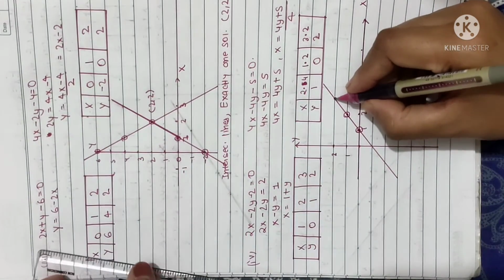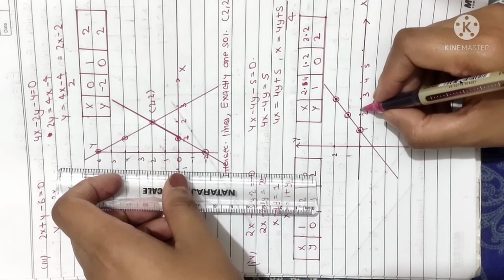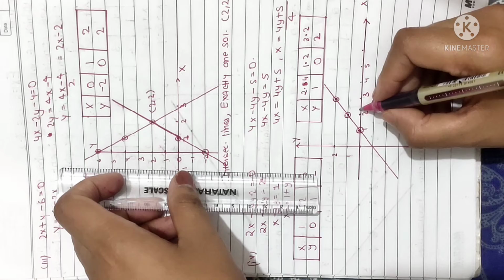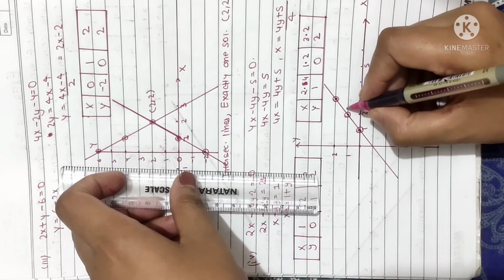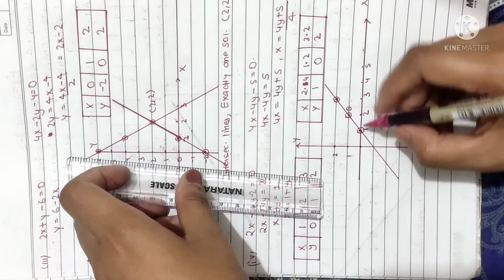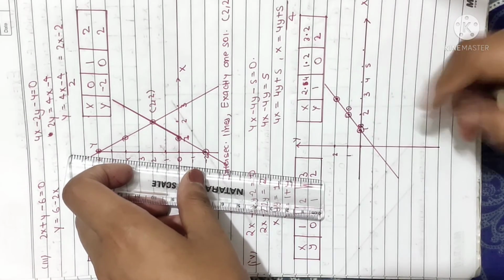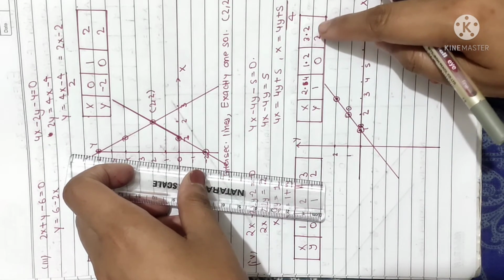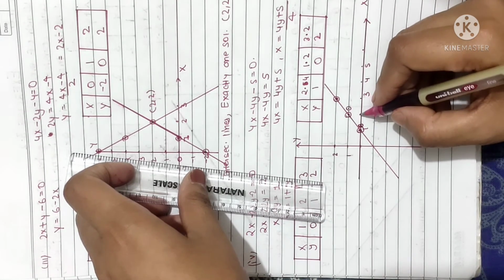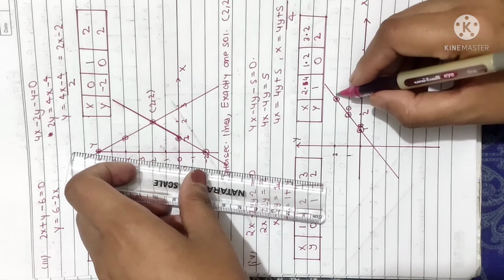Now when x equals 2.4 something, then y equals 1, so this point almost. When x equals 1.2, y is 0, then 3.2, then 2, almost here.